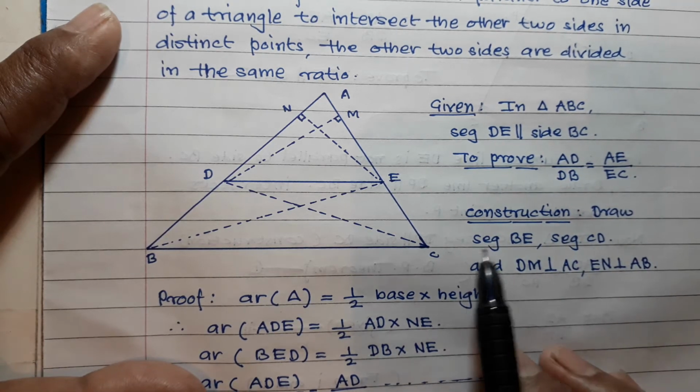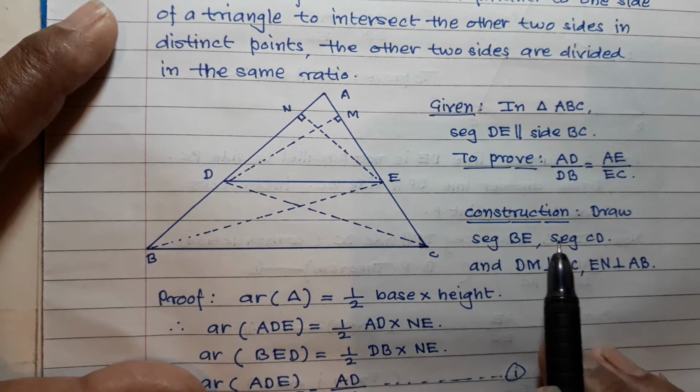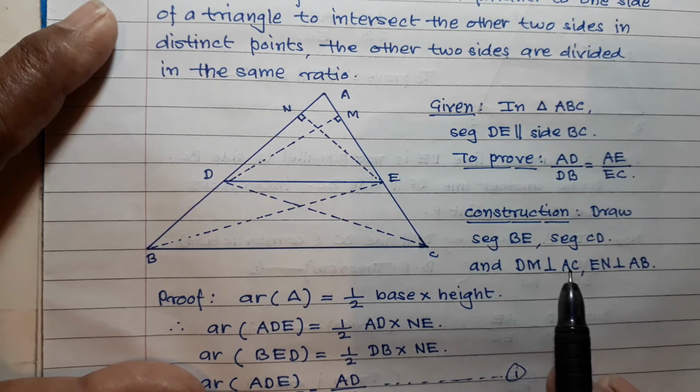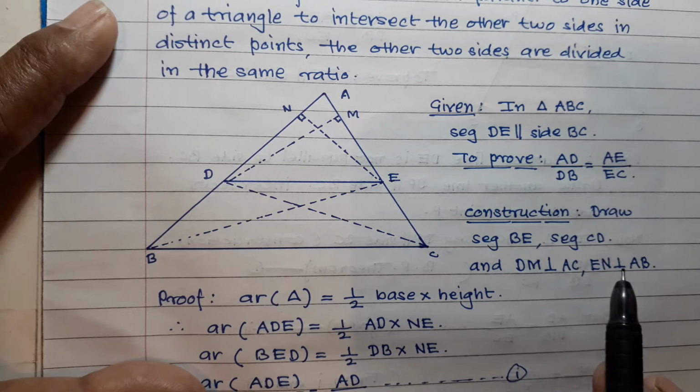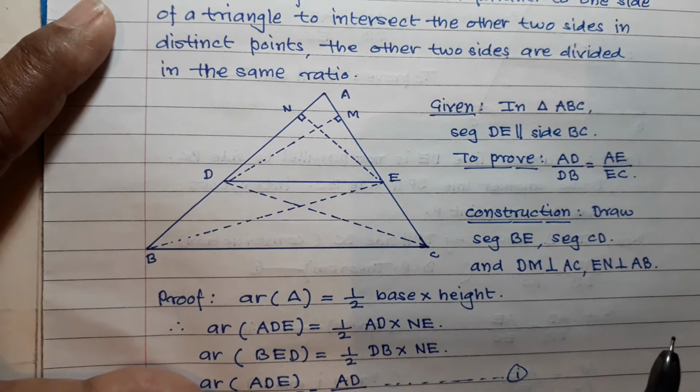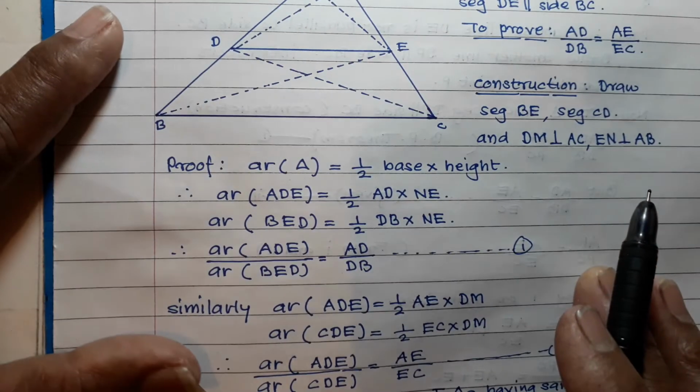Construction: draw BE, CD, DM perpendicular to AC and EN perpendicular to AB. Okay. Now try to understand the proof.